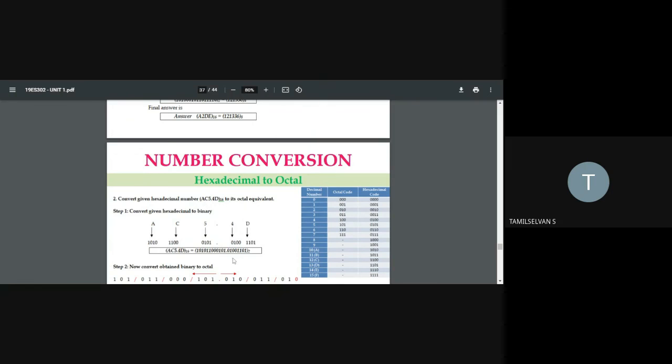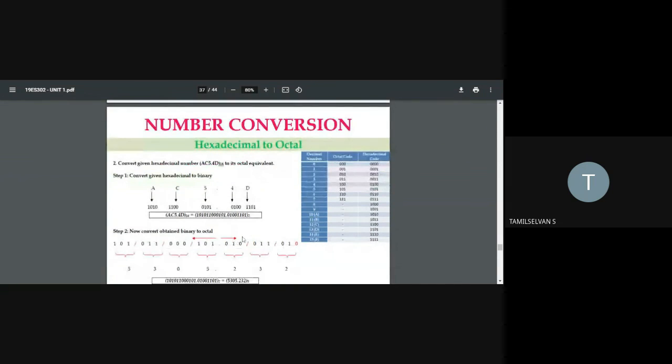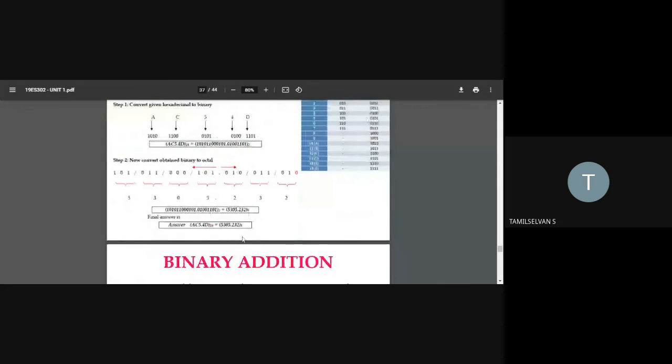Okay, so finally I can get the binary value. That binary value can easily be converted into an octal value by the use of 3 digit separation. In this example number 2, the separation after the floating point is very easy.